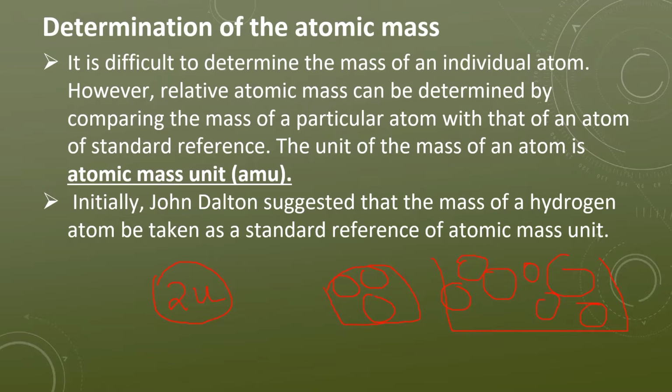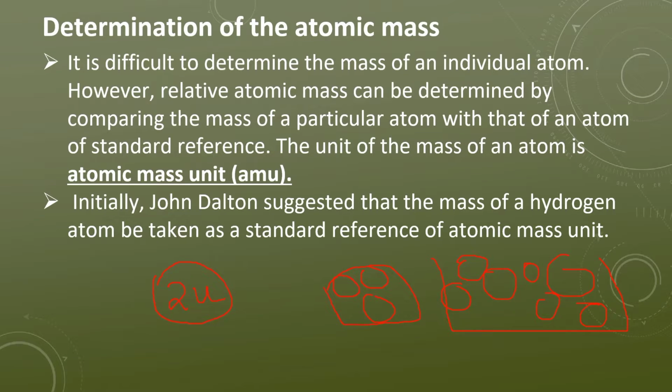Similarly we can keep on comparing the balls as many as are present. That is what we call relative mass. A relative mass is comparing the mass of that particular atom with its reference atom that you already know. That is what we call the relative atomic mass.